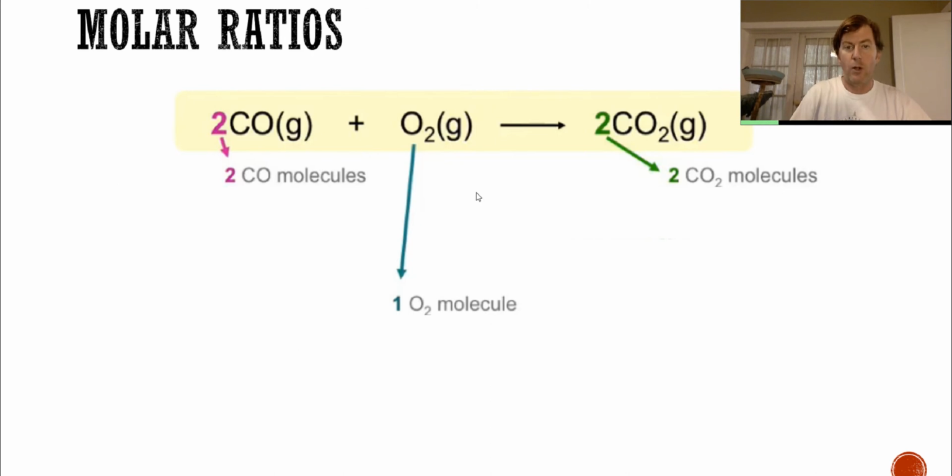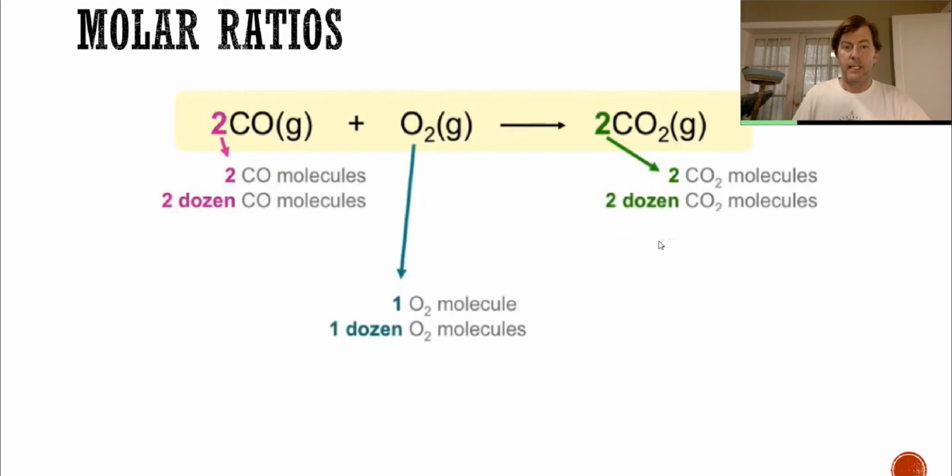Another way we could think about that is in dozens. If I had 2 dozen carbon monoxides and 1 dozen oxygen molecules, I would make 2 dozen carbon dioxide molecules. So when we think about the quantities, we're not just talking about 1 atom of this and 1 atom of that. We've got to have billions of these and billions of those. So we're looking at the ratio.